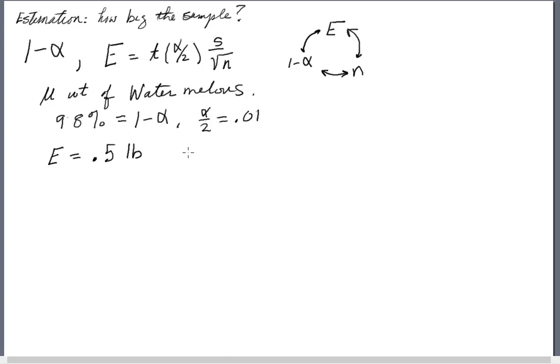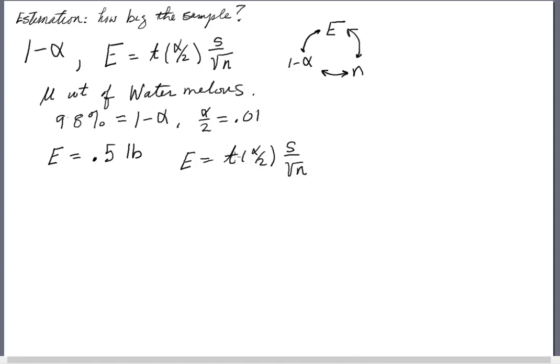Well, we know that E is equal to t alpha by 2 S over the square root of n.